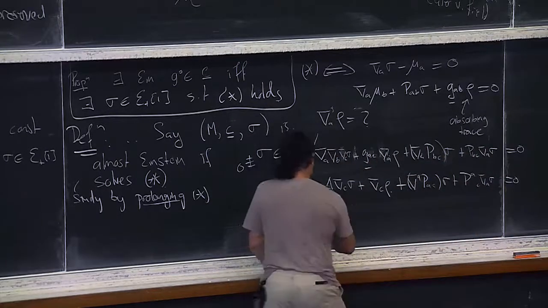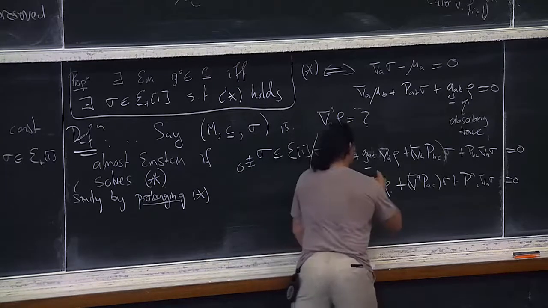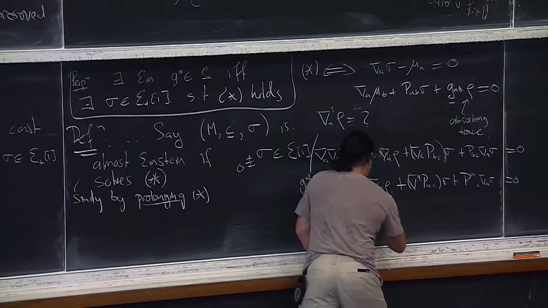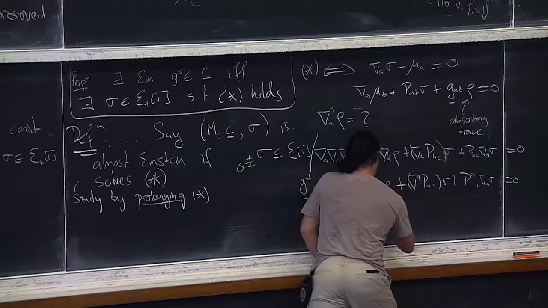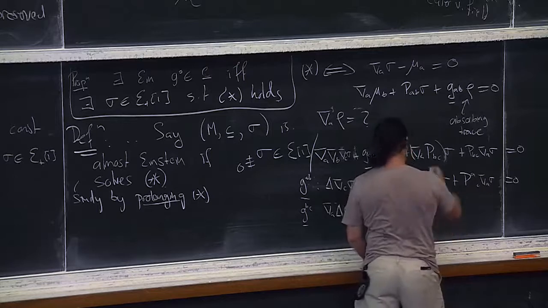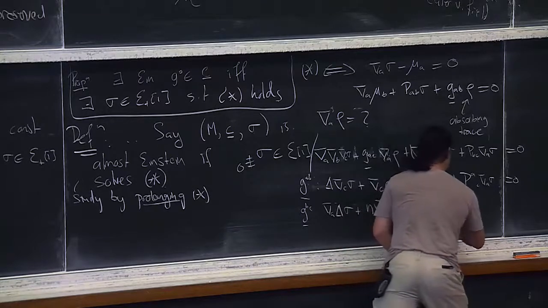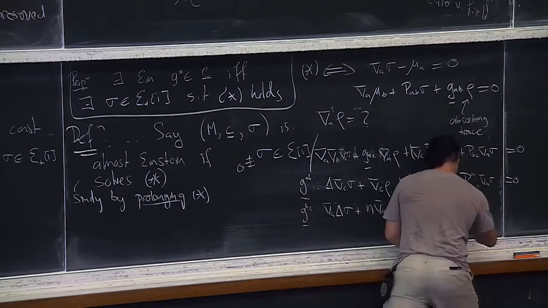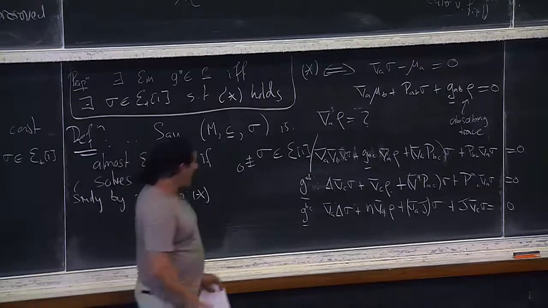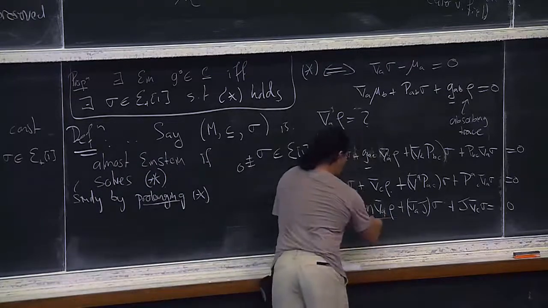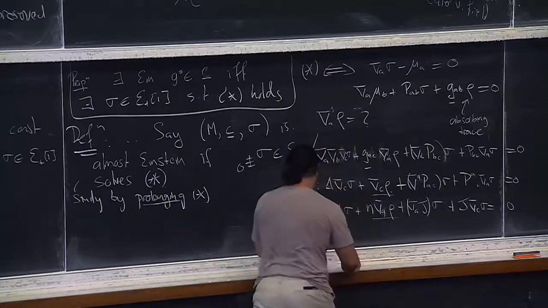And now let's do this again, but I contract with BC, so I get grad A Laplacian sigma plus, and now I get n lots of grad A rho plus grad A J sigma plus J grad A sigma equals 0. Okay, anyway, now you see that we're winning because I have n lots of grad rho here and one lot there. So when I take the difference of these, I'm going to get some sort of equation.